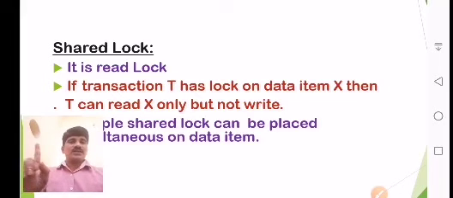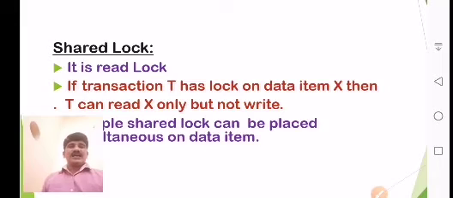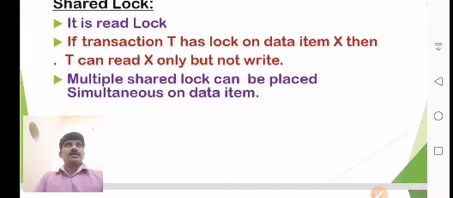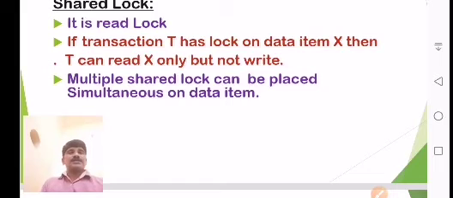If we perform the shared lock, it is only a reading lock. If a transaction T has a shared lock on data item x, then T can read x only but not write. Why? Because it is a shared lock. Multiple shared locks can be placed simultaneously on a data item.